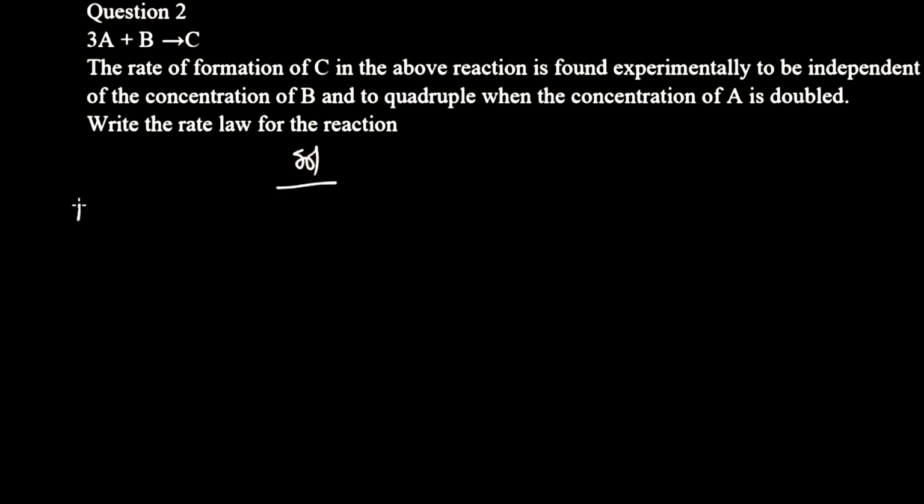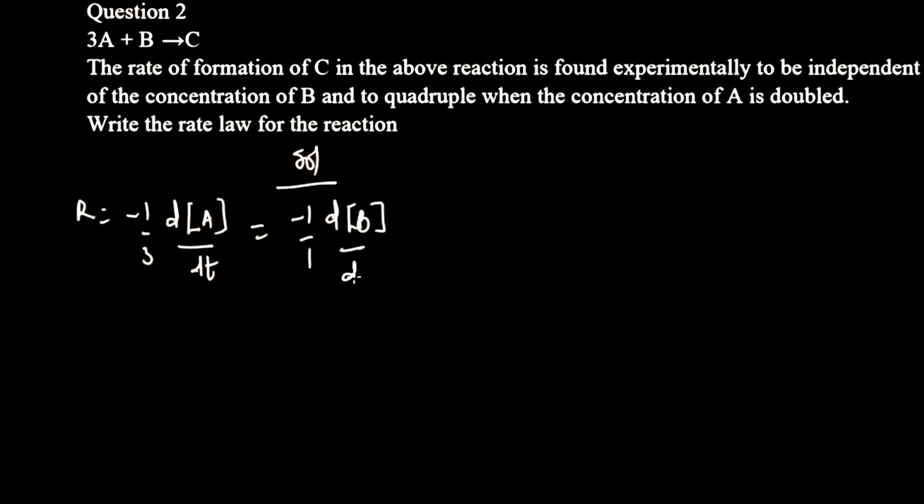We have the rate law: R equals 1 over 3 change in concentration of A over time. Remember that we're working with the reactants only, so we'll say negative 1 over 1 change in B over time can be written as K[A]^x[B]^y. The exponents have to be determined by experiment.